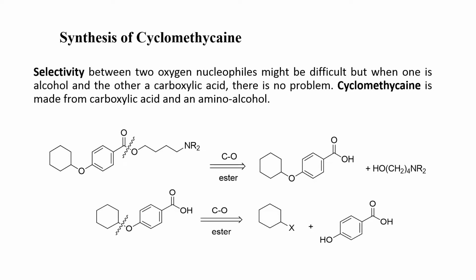In the second step, this ether linkage will also be disconnected as the C-O ether, and we will get the starting material as benzene having the hydroxy group at the para position along with the carboxylic acid group, para to the OH.